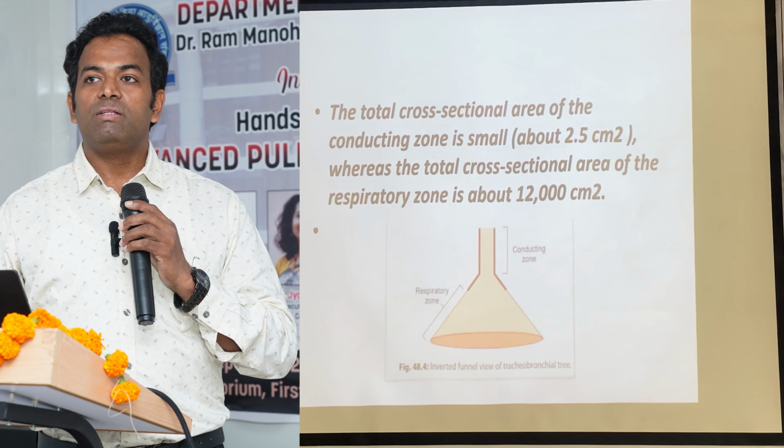It looks like an inverted funnel shape. This is the conducting zone, where the average diameter is less, whereas due to the bifurcation into different alveolar sacs, the respiratory zone has a larger surface area. So more exchange of gases takes place.